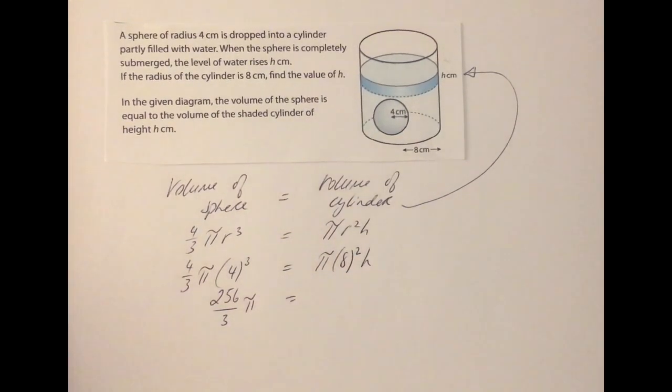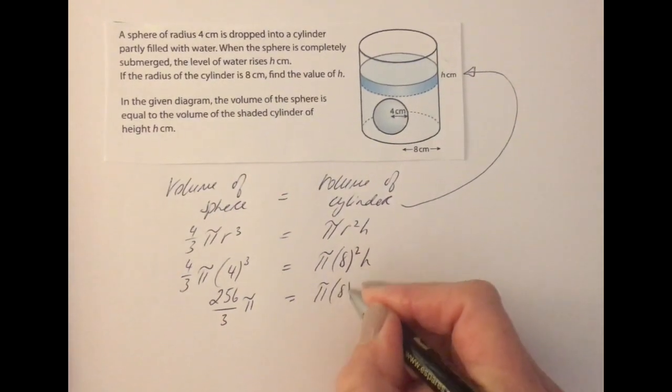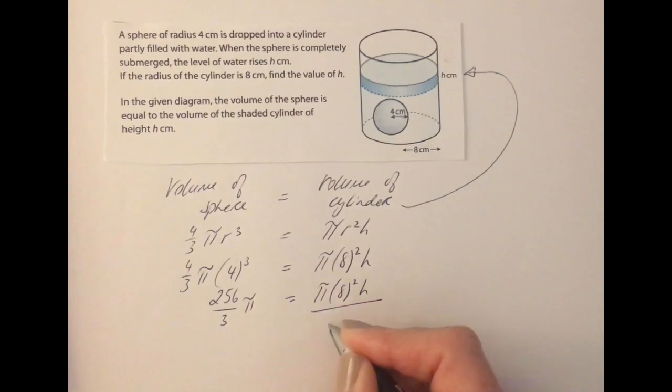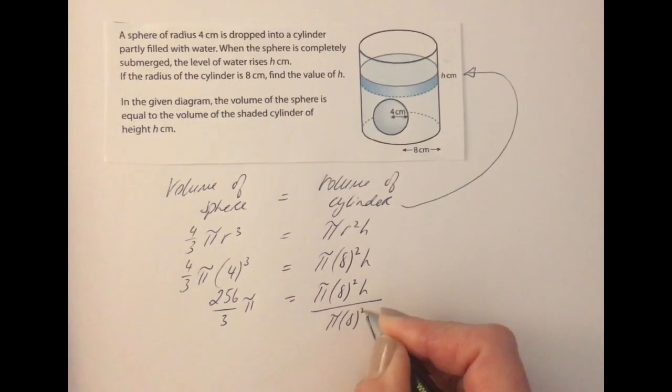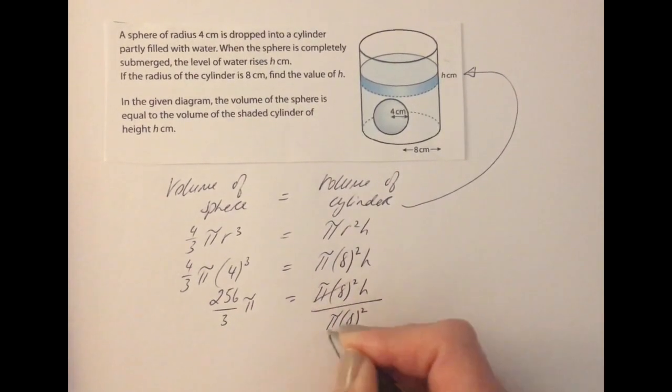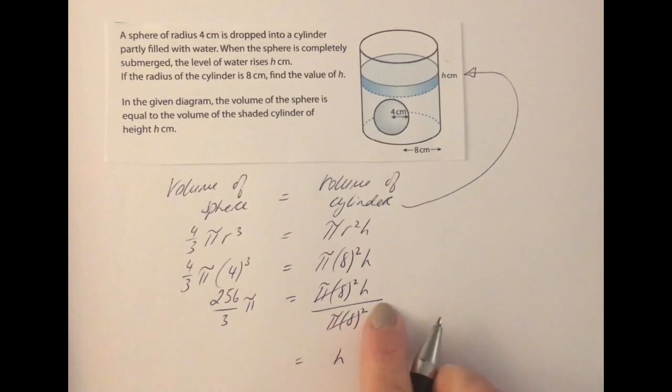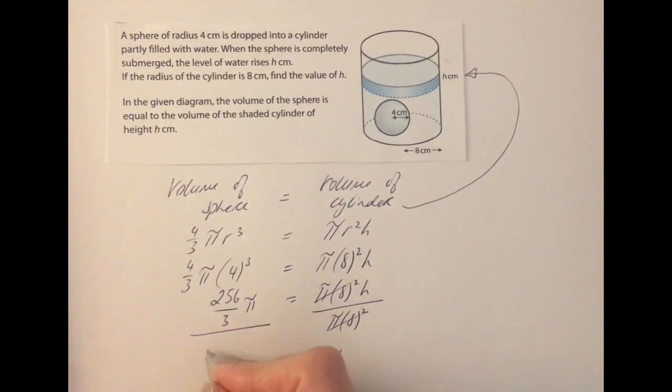On the right hand side, I have, of course, pi times 8 squared h. If I want h on its own, I want to get rid of the pi times 8 squared. So that would get rid of that and leave me with just the h, which is what I want. But of course, if I'm dividing the right hand side by that, I'm going to have to divide the left hand side by that as well.